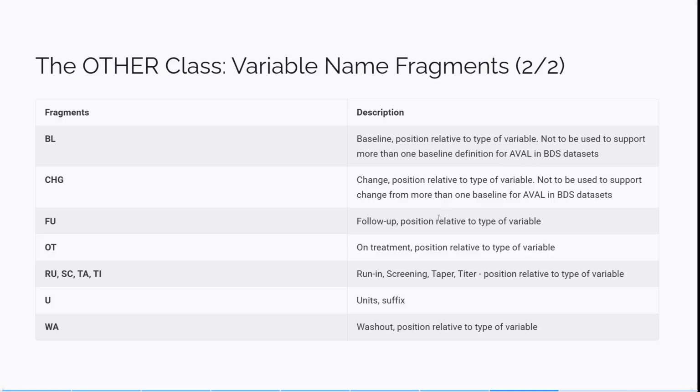Then there is the follow-up or on-treatment position related to the type of variable, and run-in, screening, taper, titer positions related to the type of variable. U represents units as a suffix, and WA represents the washout position related to the type of variable.